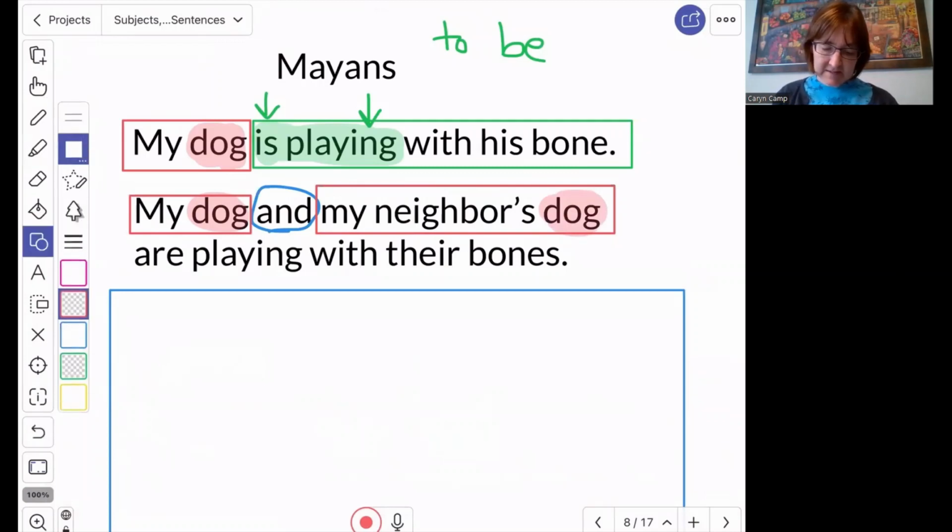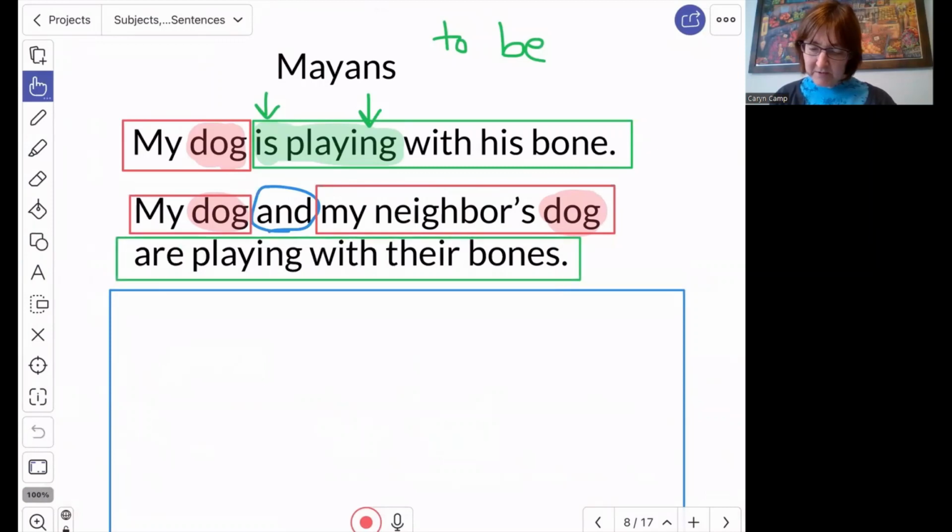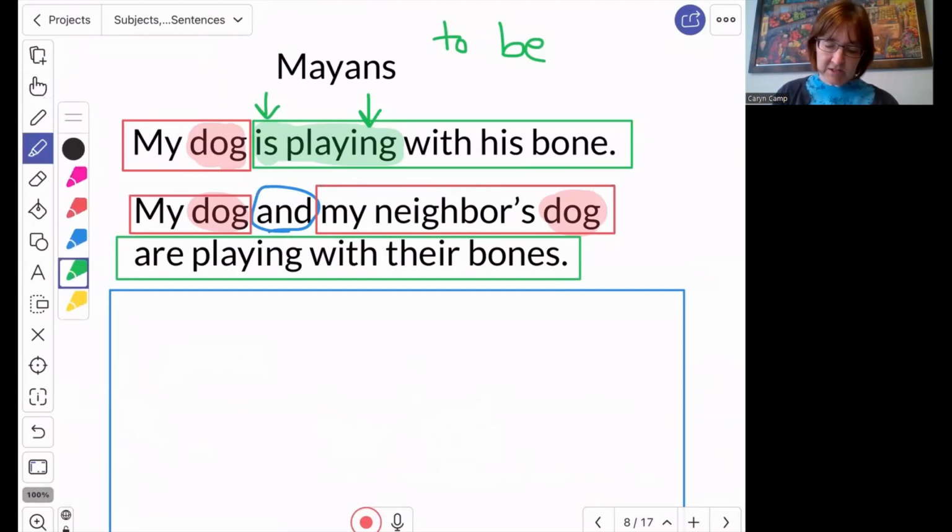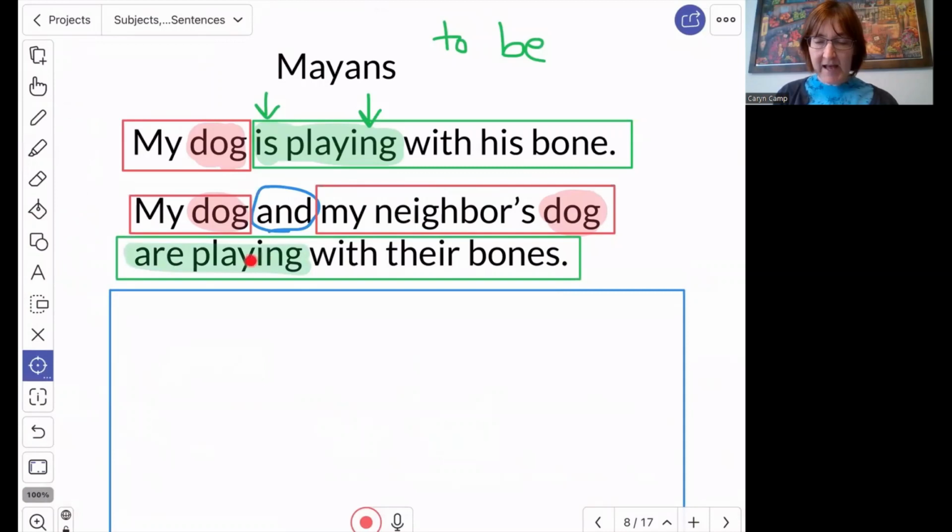The rest of the sentence is what they're doing, are playing with their bones. That is the complete predicate. Let's find the simple predicate. That's just the verb, are playing. We can see there's an action verb with ing on the end and a verb to be in front of it helping out, are playing.